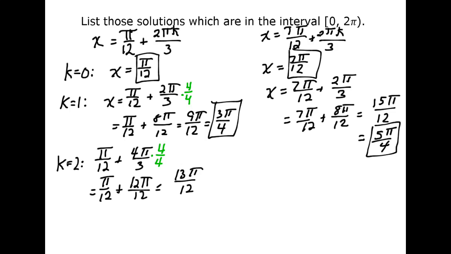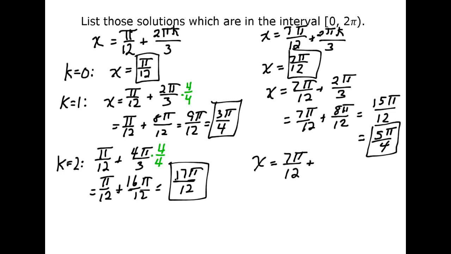And over here x would be the 7 pi over 12 plus the... oh, that should be 16 pi over 12. Okay, we'll get it. 16 pi over 12. And that means we have 17 pi over 12 here.